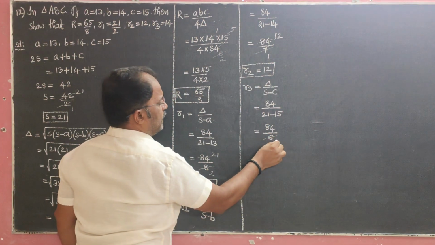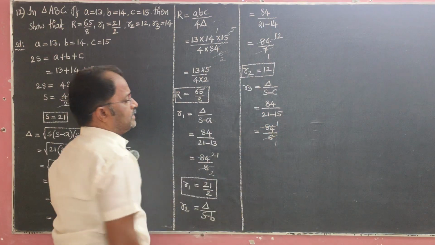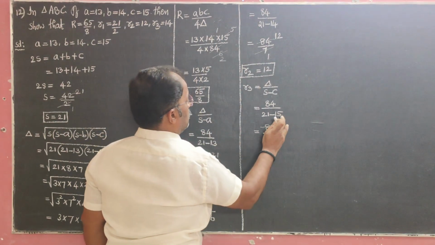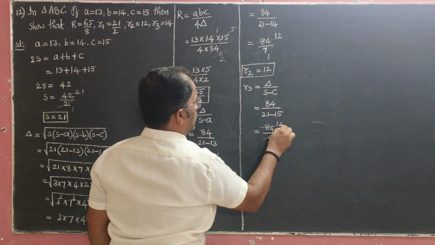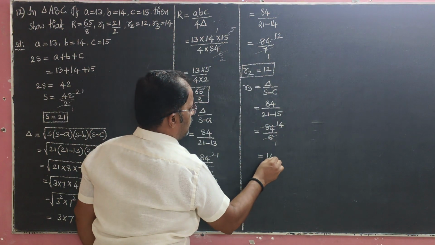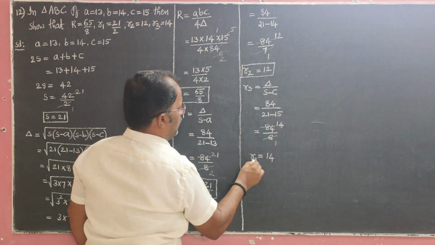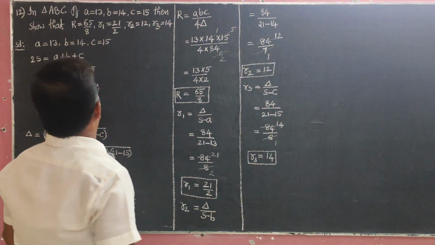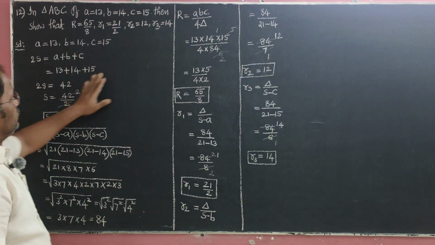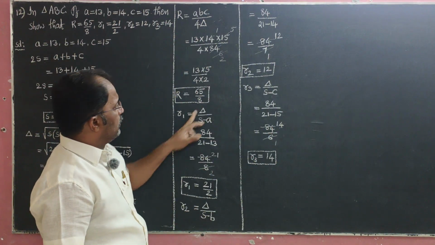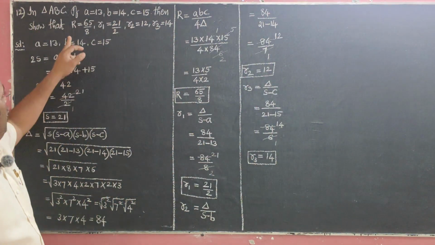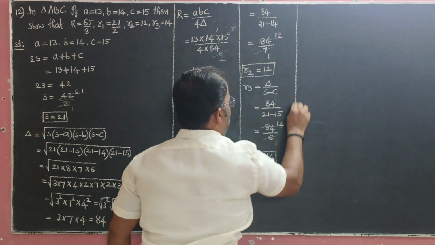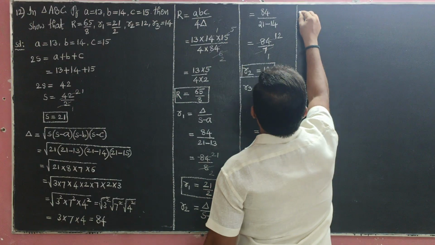Okay, 6 1 6 1 6. Okay, remaining 2, 24, 6 4 is 24, means answer is 14. So R3 value also complete 14. Clear? Now the next problem. Okay. So 12th one, capital R value, R1 value, R2 value, R3 value completed. Clear? Okay. Now the next problem is the problem number 13.